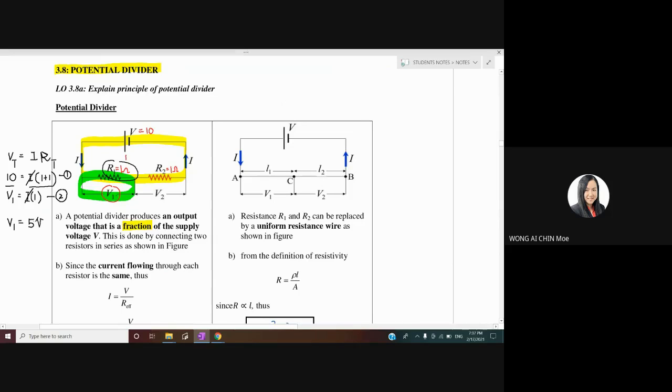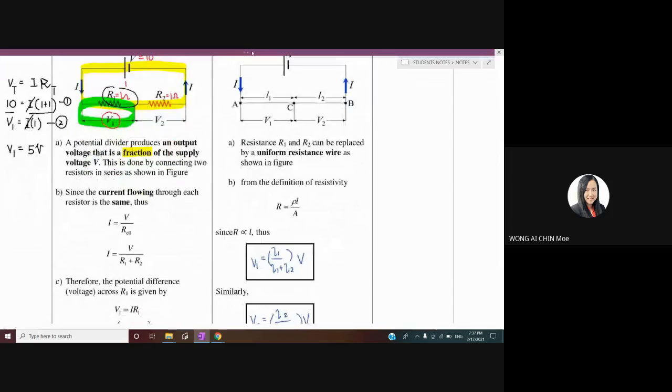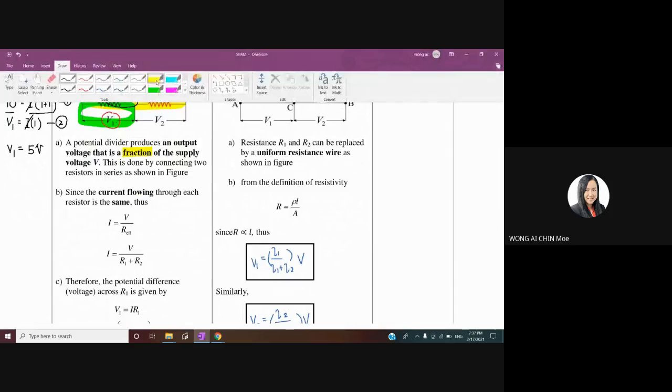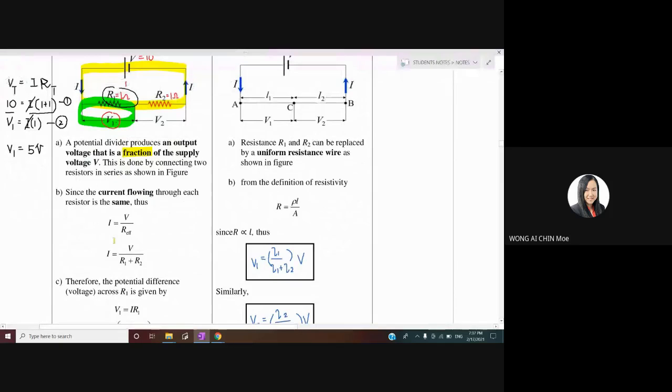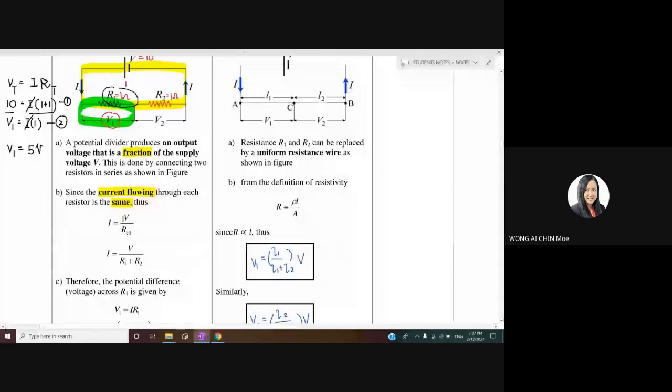So we continue. Since the current flowing through each resistor is the same because they are connected in series, I total equals V total over R total.